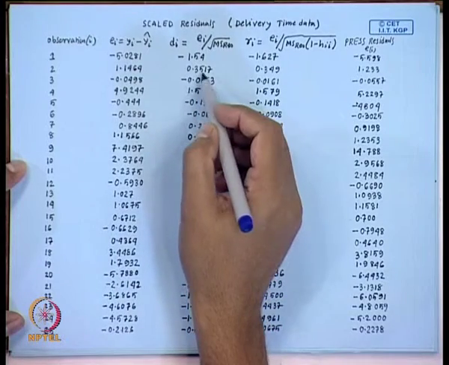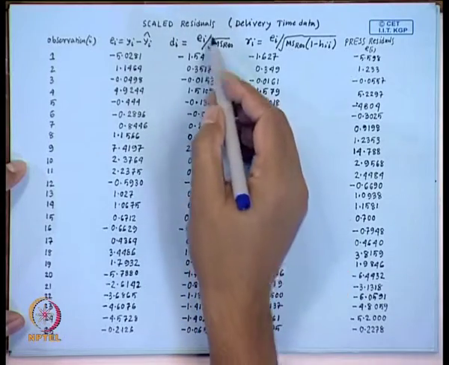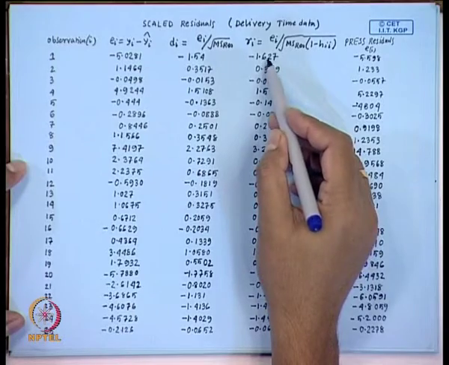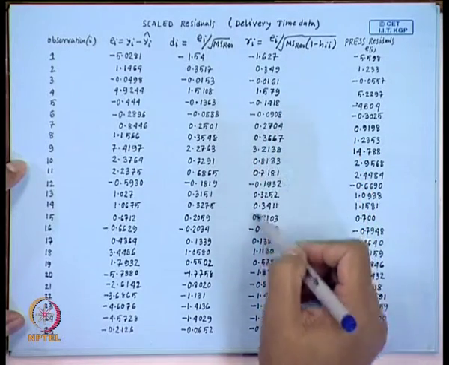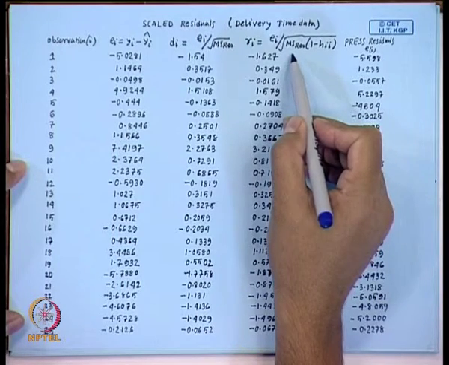The third column gives the standardized residual, e_i by root of MS residual, and the fourth column gives the studentized residual. Okay.